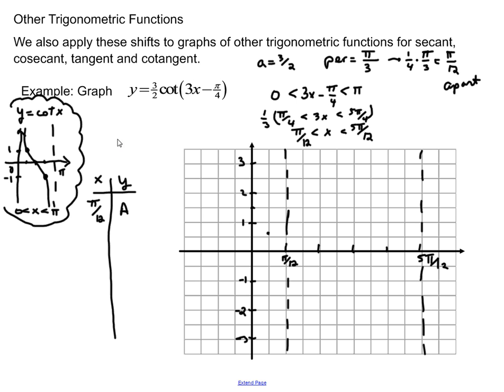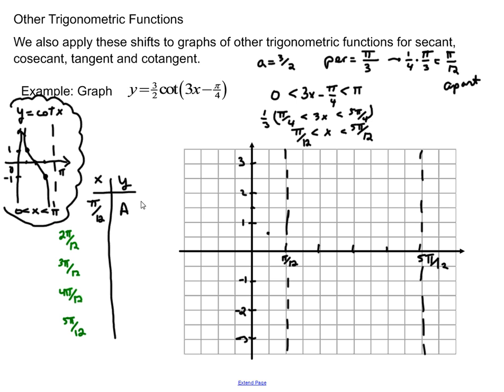I'll put this in unreduced form here. 2 pi over 12 is my next key point. My next key point will be 3 pi over 12. That will reduce. My next key point will be 4 pi over 12. That will reduce. And then my next key point will be 5 pi over 12. And that one won't reduce. And that was the end of my one cycle in this graph.